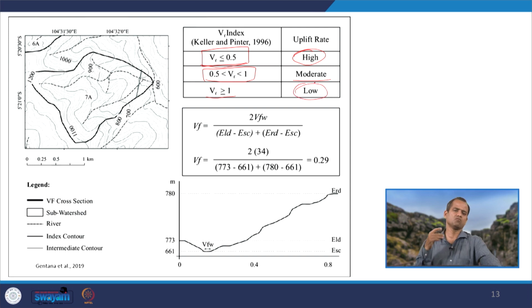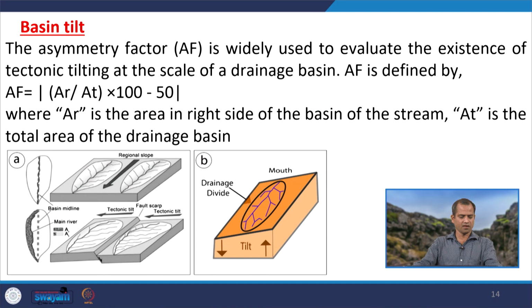So, that means the more the upliftment rate, the more V-shaped the approach. So, these are the ratios, the valley width to height ratio, and how it can be used in determining the tectonically active to inactive regions.